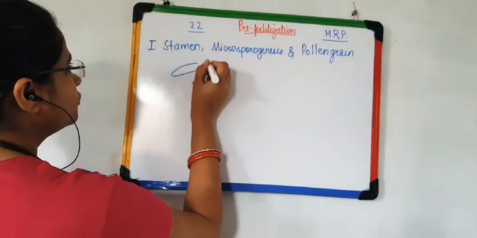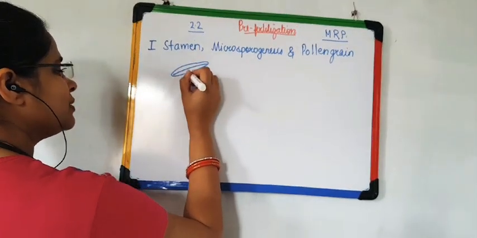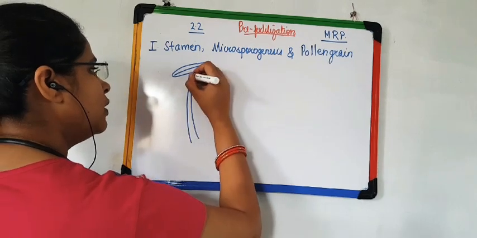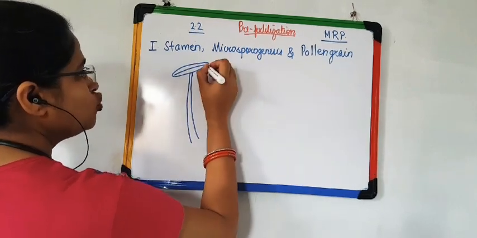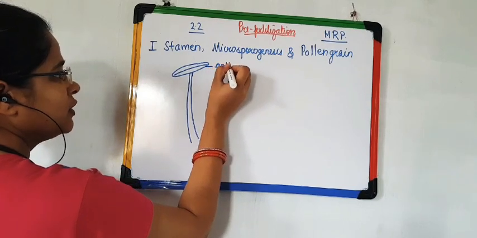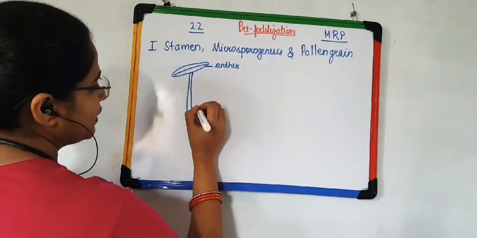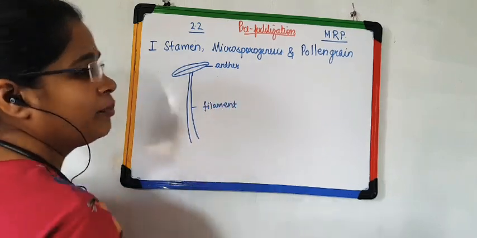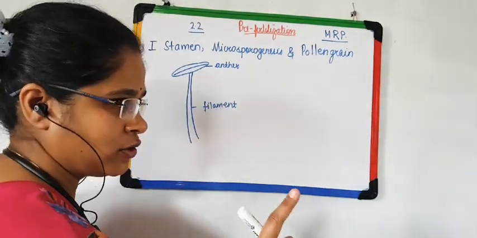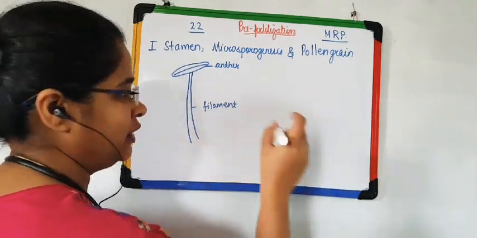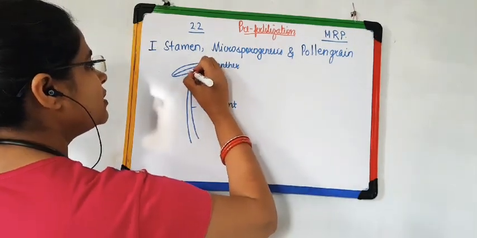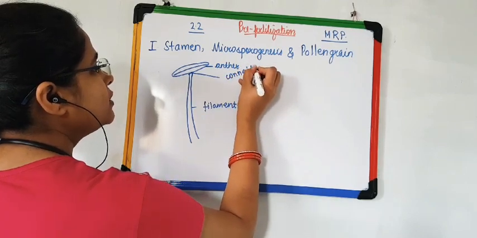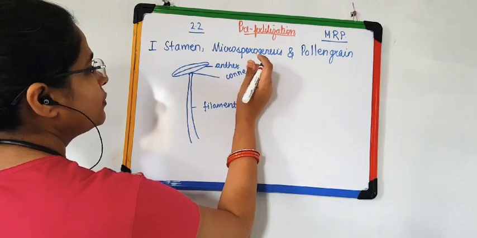We all know this is stamen, right? This stamen has two parts. First is anther, second is filament. But there is evidence of the presence of one more part in the anther, and that part is this part which connects anther and filament, and it is known as connective.